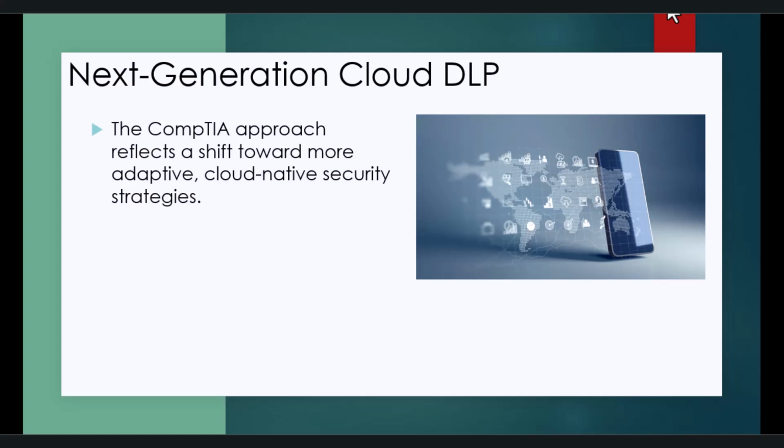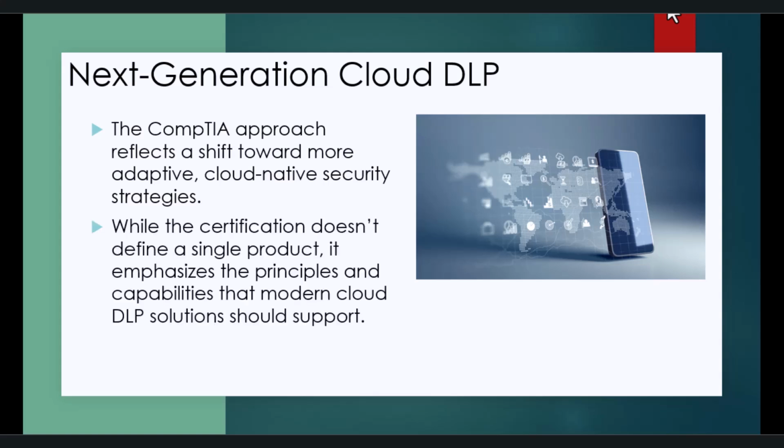The CompTIA approach reflects a shift towards more adaptive, cloud-native security strategies. While the certification doesn't define a single product (remember, it's vendor neutral and vendor agnostic), it does emphasize the principles and capabilities that modern cloud DLP solutions should support.